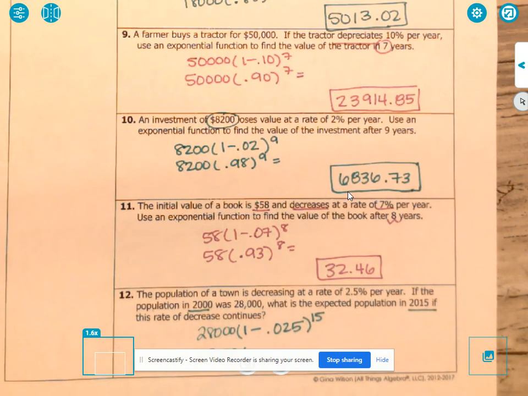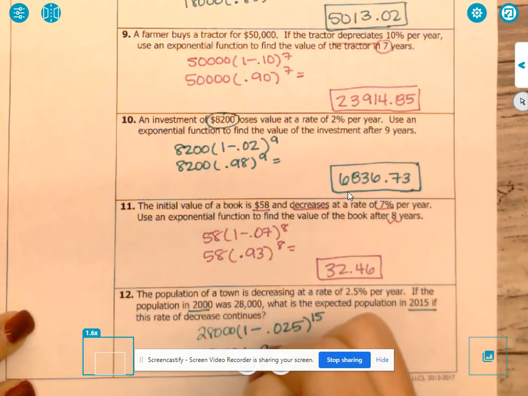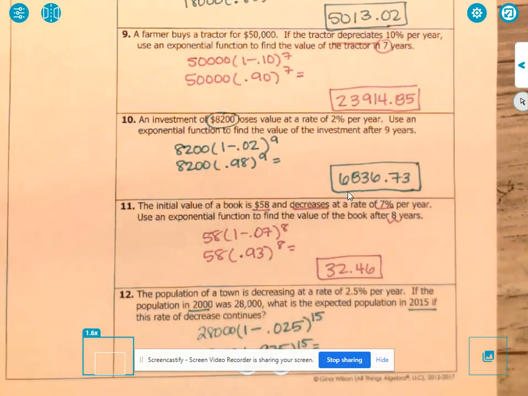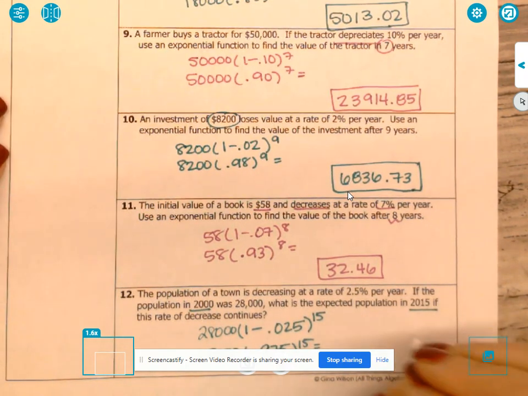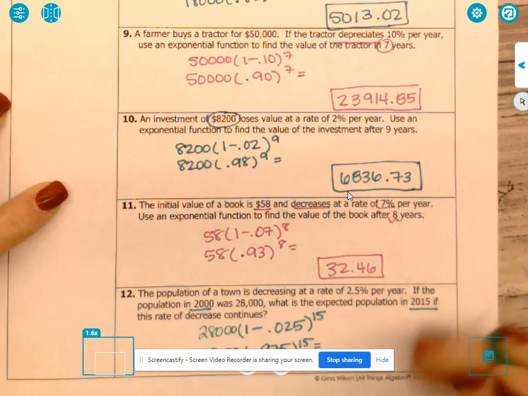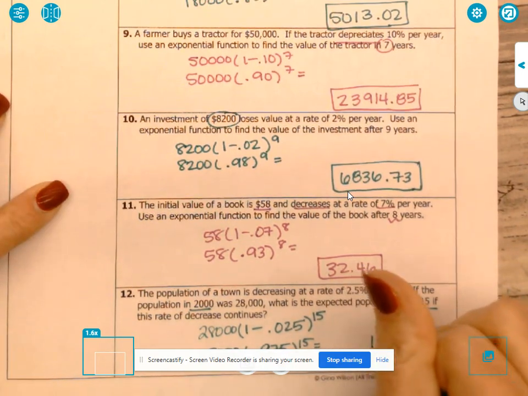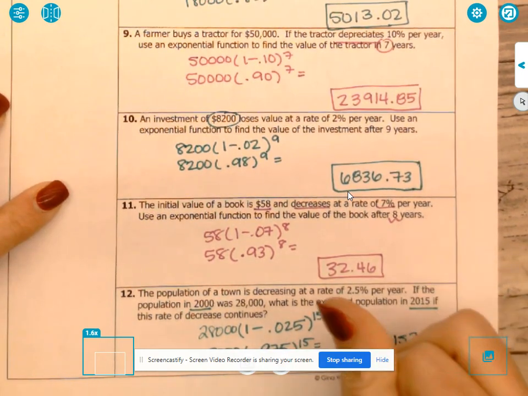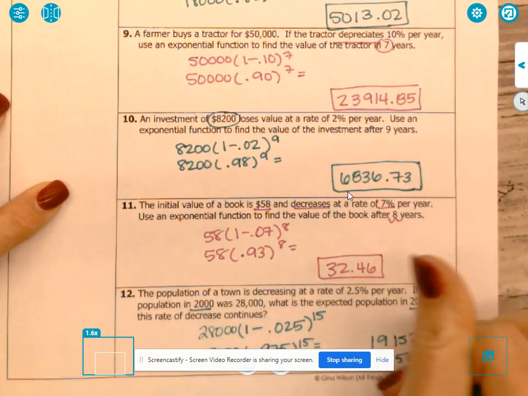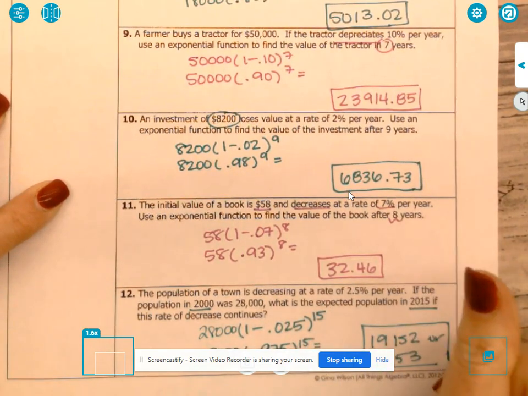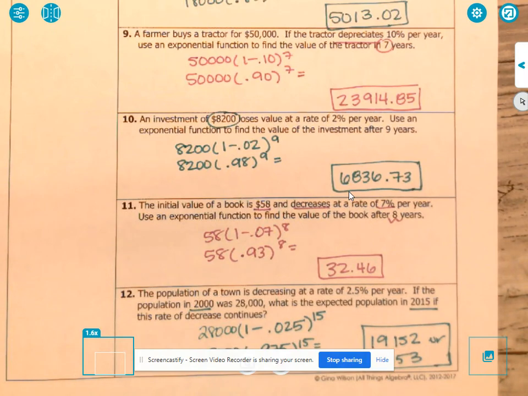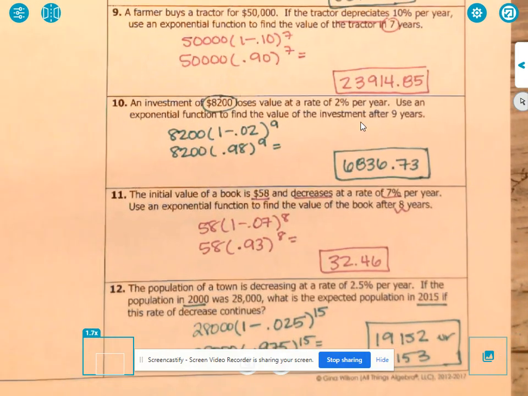So 28,000, 1 minus 0.025 is going to give me 0.975 to the 15th. Okay. And again, we're talking about population, so I'm just going to knock it off. It's going to be 19,152 or 19,153 because it could have rounded up.